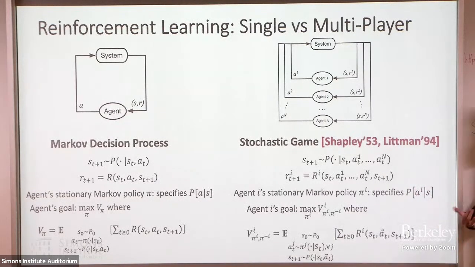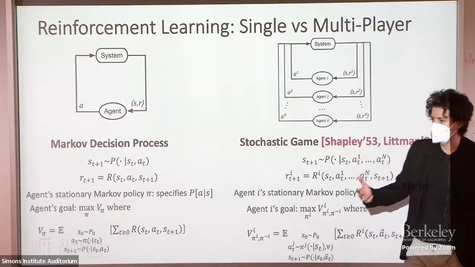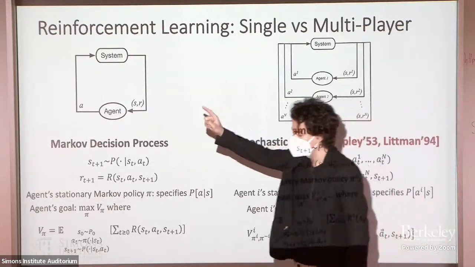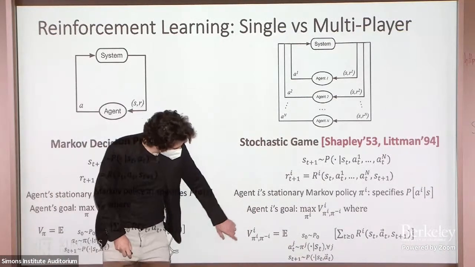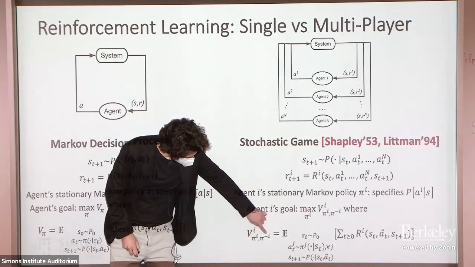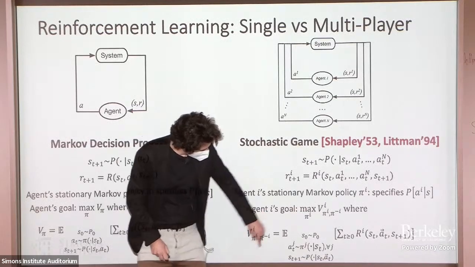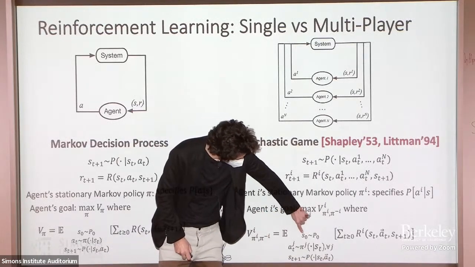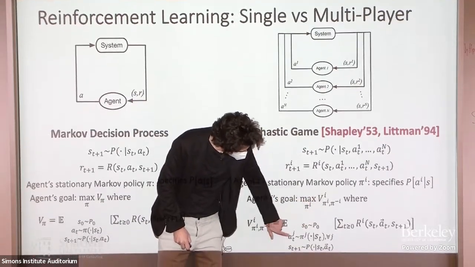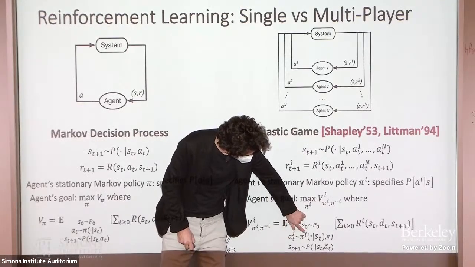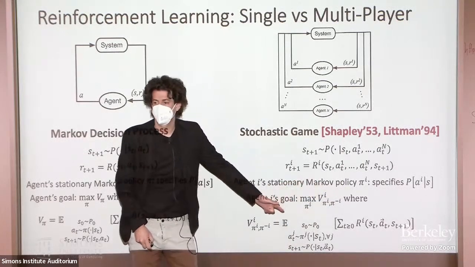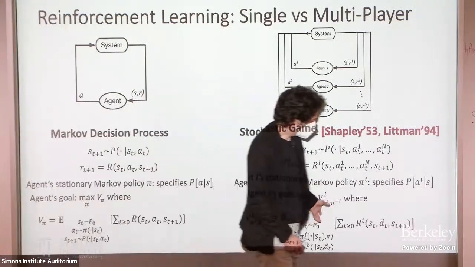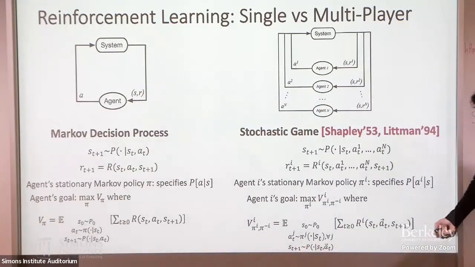And again, every agent is interested in optimizing their own cumulative infinite reward, which, given their own policy and the policy of the other people, is an infinite expectation over the starting state, the actions that all agents chose along the way, and the state transitions, which depend on everybody's actions. And I'm accumulating the rewards that I receive in this infinite trajectory.